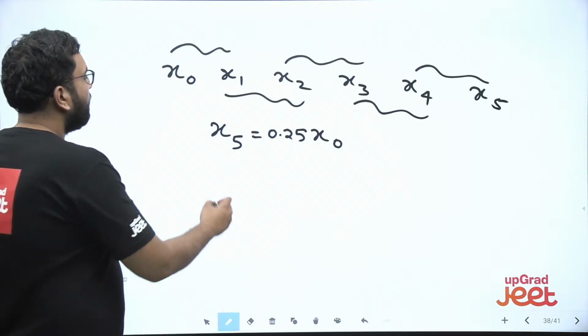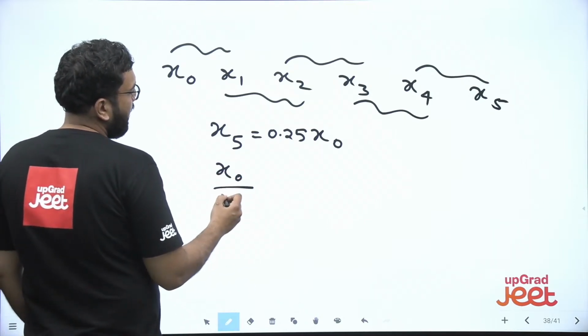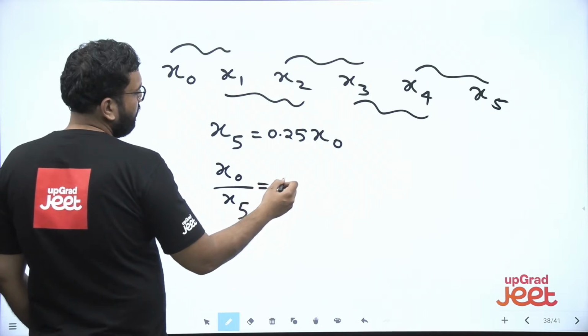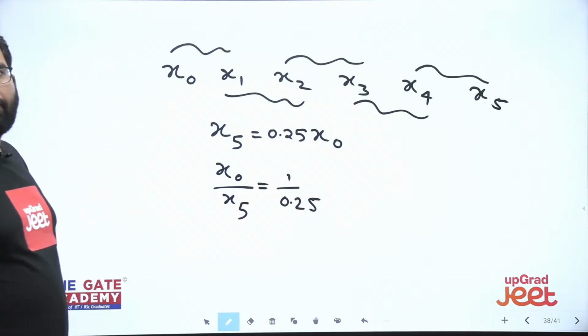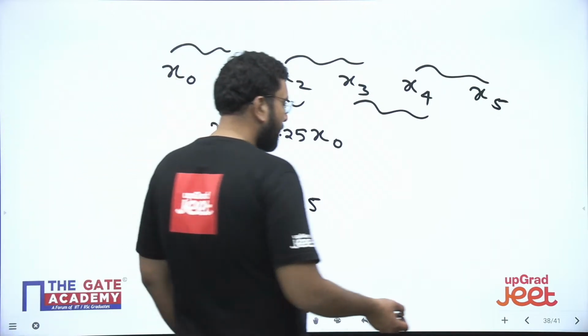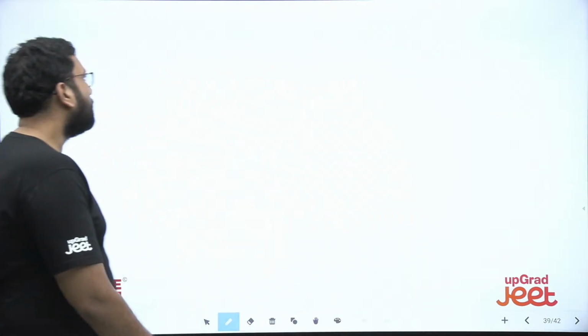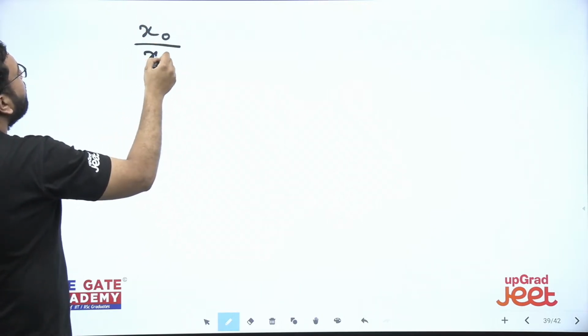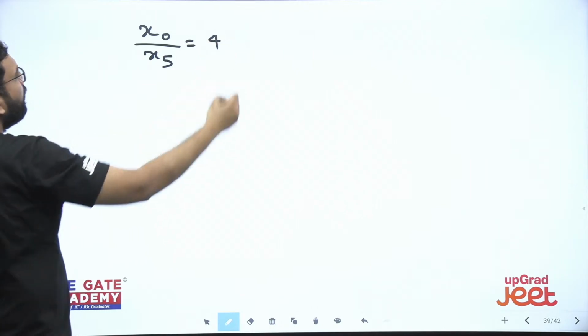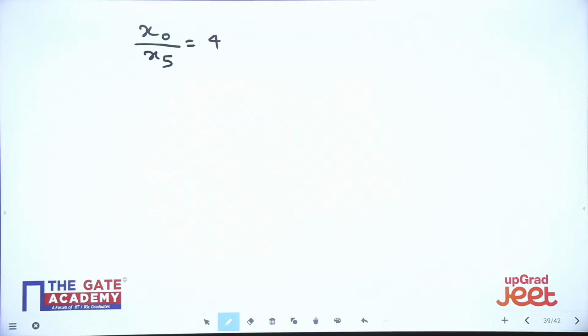So from here we can write x0 by x5 is equal to 1 upon 0.25. 1 upon 0.25, I think it is equal to 4, right?